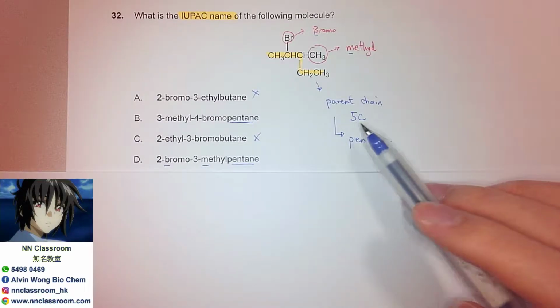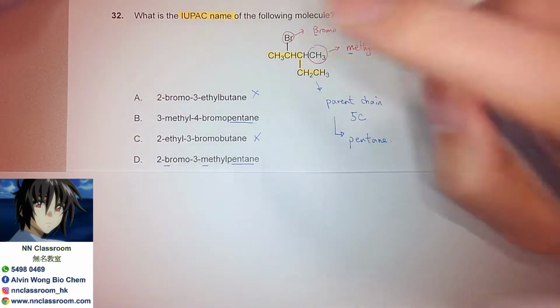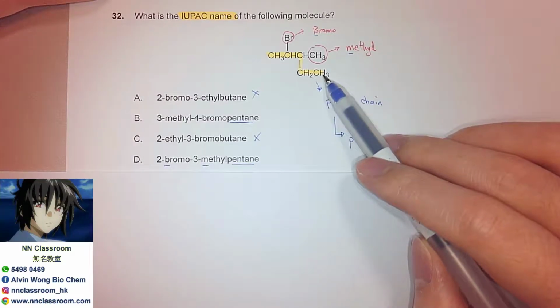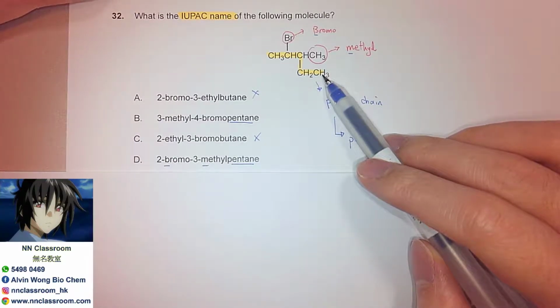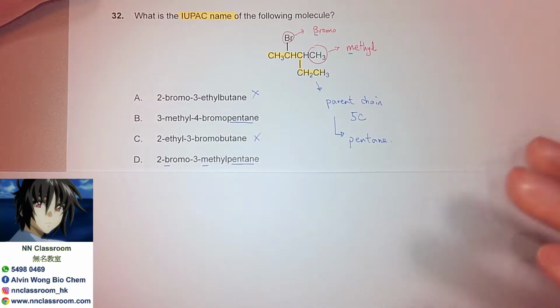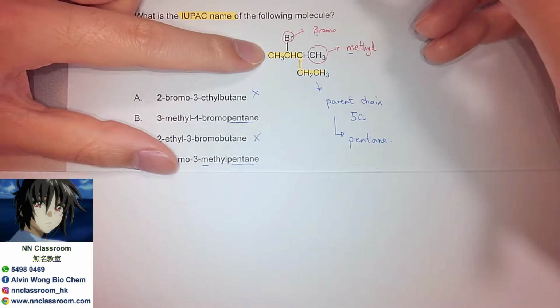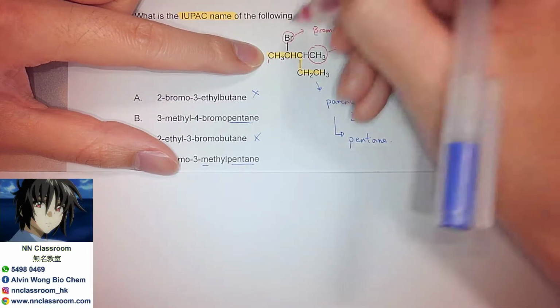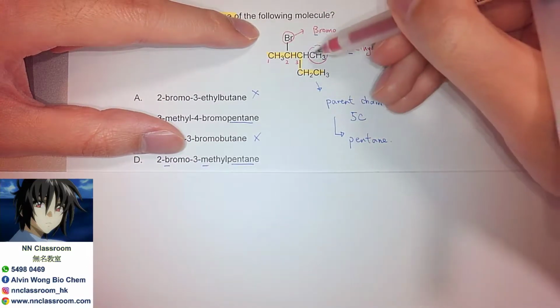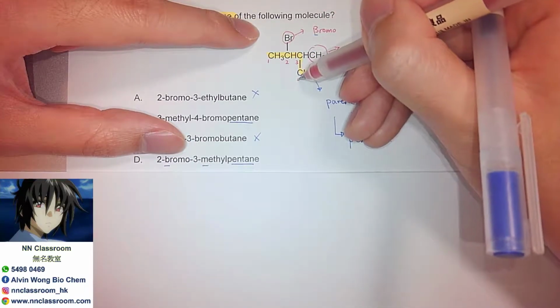The logic behind assigning numbers is that, first, numbers are only assigned on the parent chain, the chain that I have labeled. And the numbers are assigned according to the logic that the lower the better. If we start counting this side as 1, then I will see the bromine in carbon number 2, the methyl in carbon number 3, and finally 4 and 5.